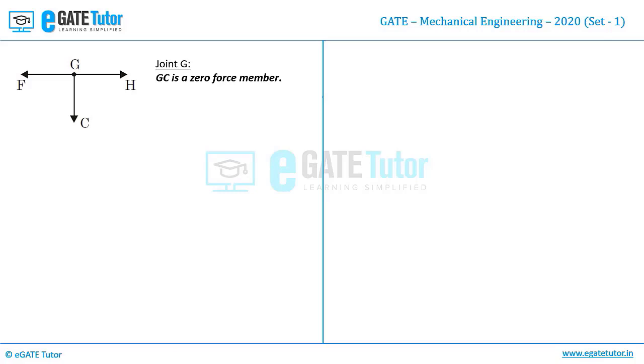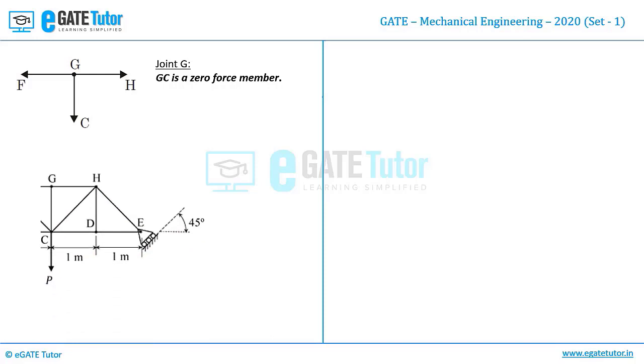Now let us consider this portion of the truss, the right part of the truss. Here the forces in the members CD and DE will be zero. Can you guess why the forces in the members CD and DE are zero?